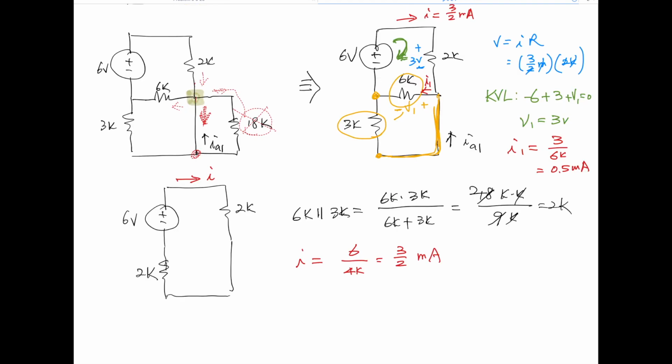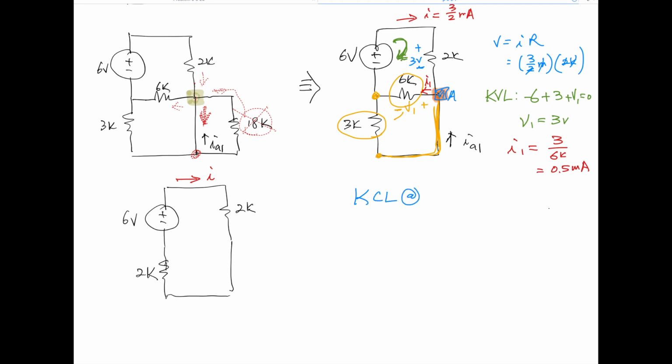Finally, we can calculate I sub A1 by doing KCL at node A. Entering are I sub A1 plus the top one, I coming down here, 3 over 2 milli, equals leaving I sub 1, which is 1 over 2 milli. So I sub A1 equals 1 over 2 milli minus 3 over 2 milli, that is negative 1 milliamp.